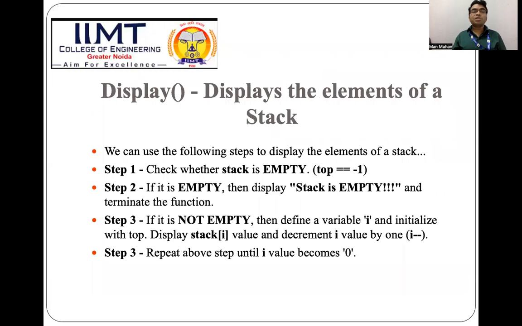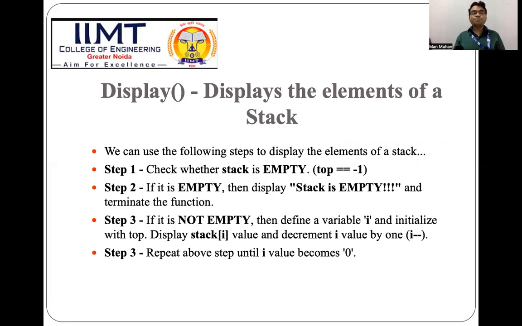Now the third function is the display function. It is also known as the traversing function, the traversing operation in the stack. Traversing means displaying the elements of a stack. First of all, in step one, we check whether the stack is empty. How can we check? If top is equal to -1, then the stack is empty.